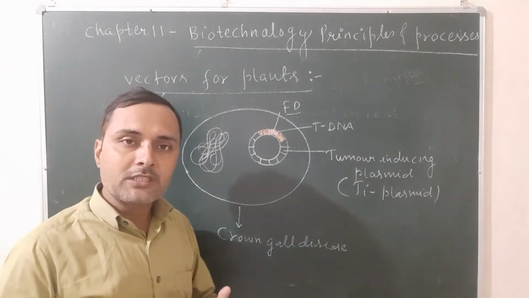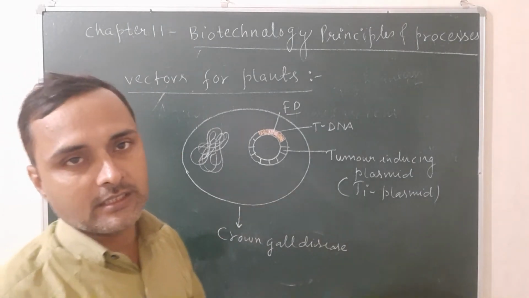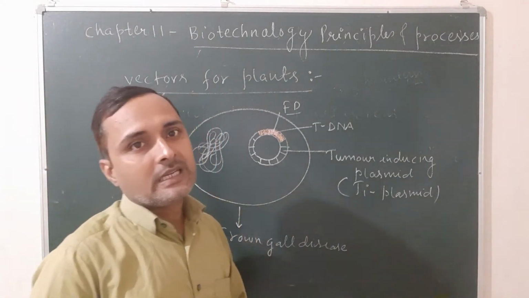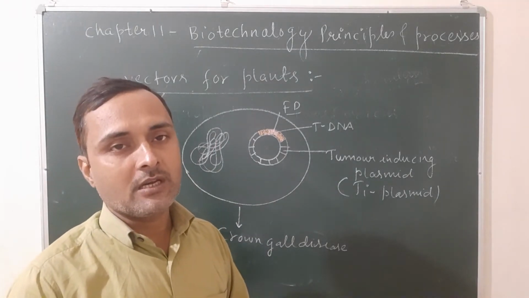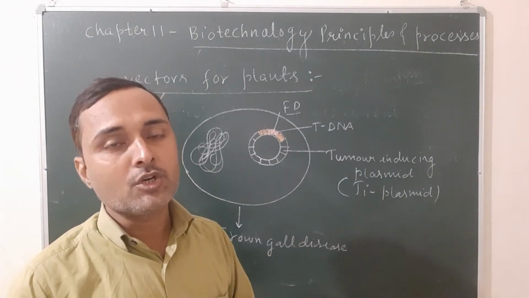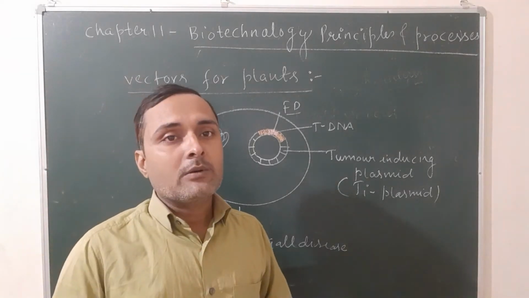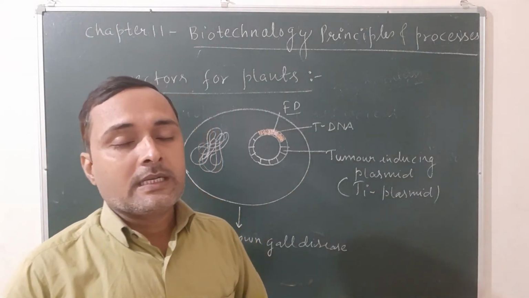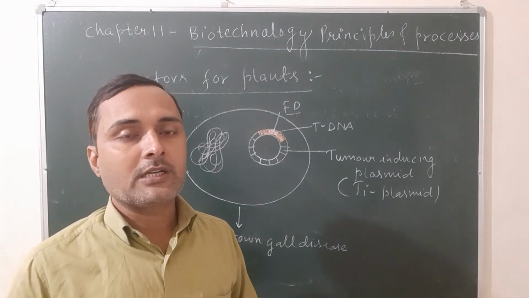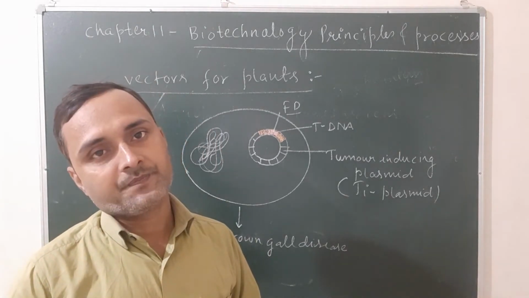When this bacterium infects a particular plant, the plant contains our gene of interest and becomes resistant against a particular disease. So by using Agrobacterium tumefaciens, we can develop plants resistant against various types of insects.